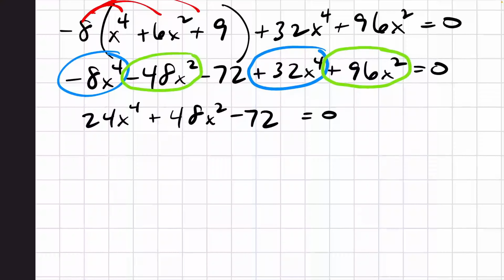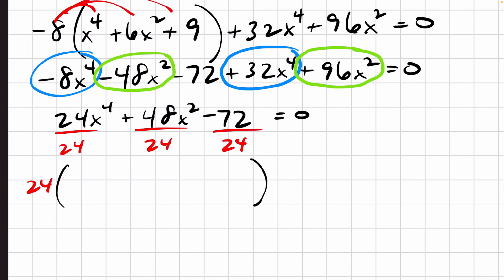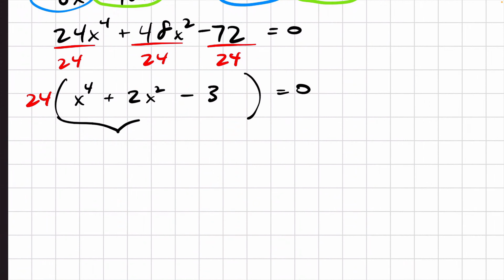We can divide it by 12, GCF. So that makes it 2 plus 4 minus 6. Actually we could go by 24. Oh, wait, yeah, we can. So we get 24 times (x to the fourth plus 2x squared minus 3). Now this is coming together.